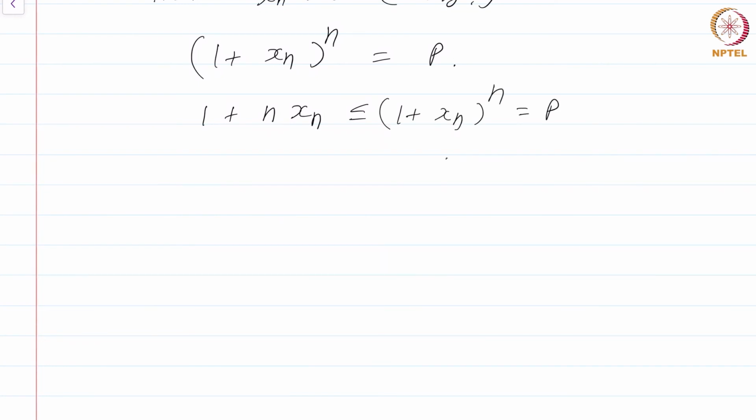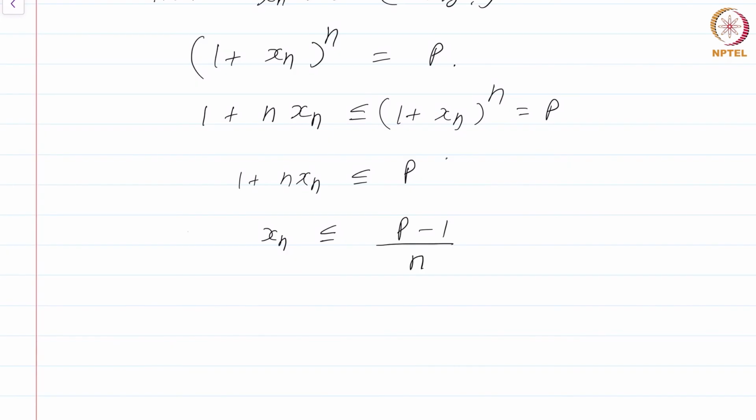In other words, 1 plus n xn is less than or equal to p, or xn is less than or equal to (p minus 1) by n.